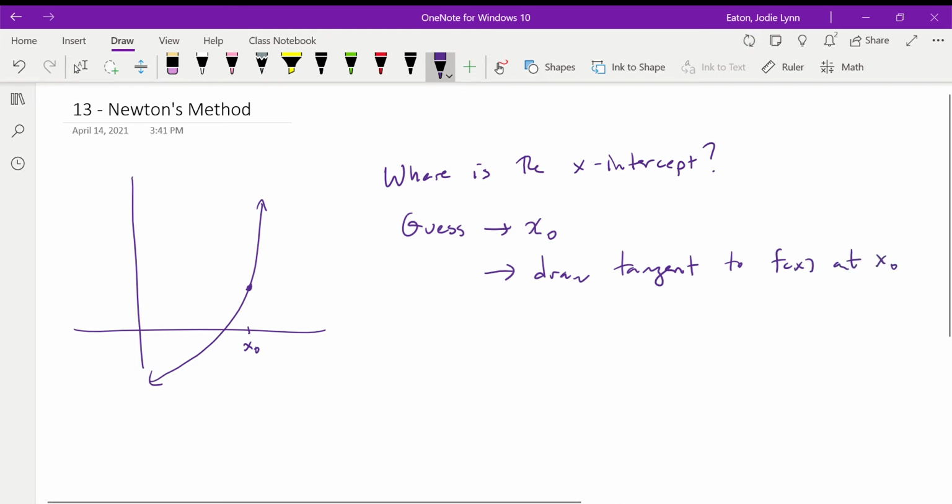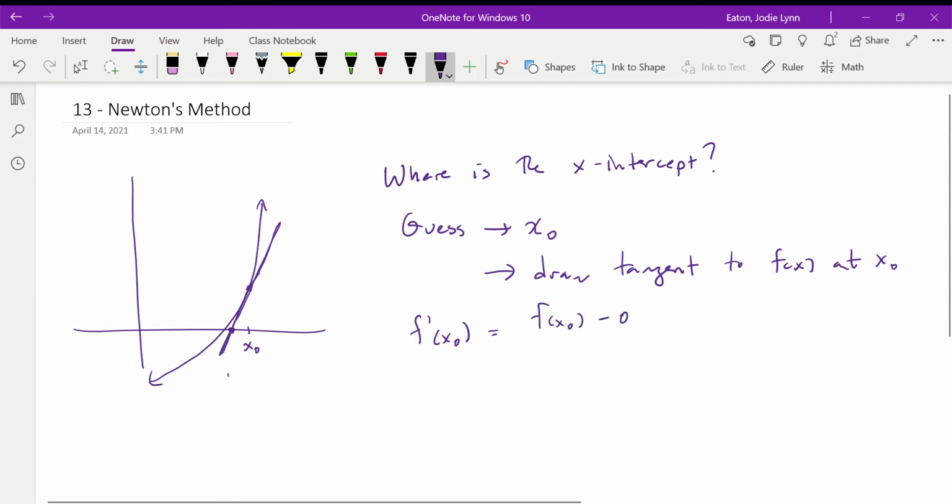We're going to draw our tangent. So f prime at x naught is going to be equal to, looking right here, it's going to connect with that point down there, f of x naught minus 0.